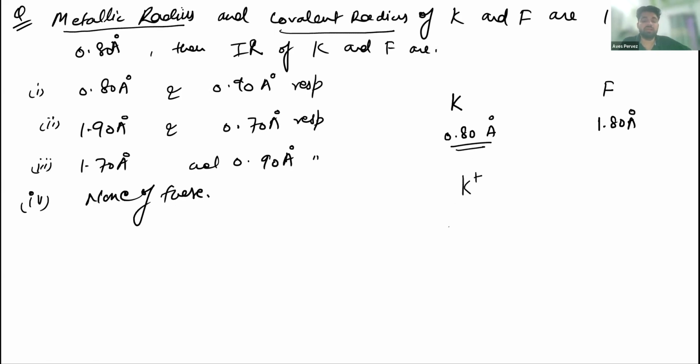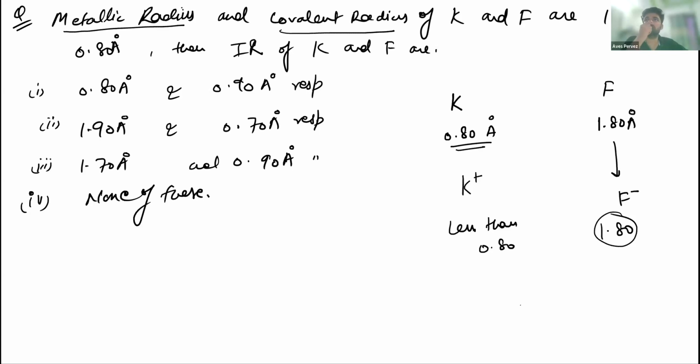So it will be less than 0.80. And fluorine forms F minus, so its ion is F minus, so it will be greater than 1.80. So which two situations do we need: less than 1.80 and greater than 1.80.